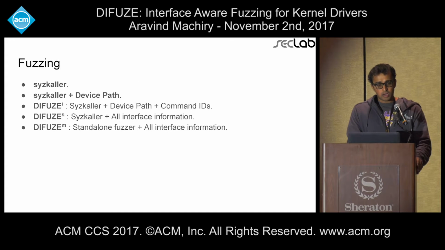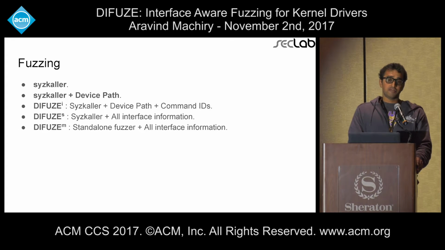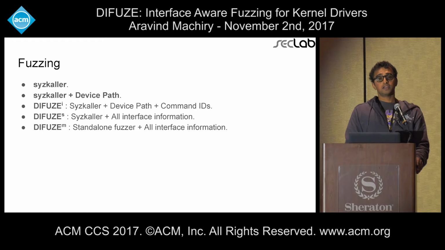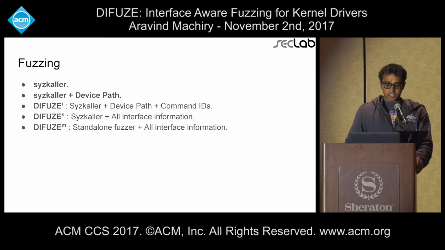To evaluate fuzzing, we have 5 different variations of our fuzzer, where the first is the base Syzkaller. Syzkaller is the state-of-the-art Linux kernel system call fuzzer. We just use the base system call fuzzer to evaluate. Next, we progressively add more interface information to Syzkaller. In the second variation, we add the device path.